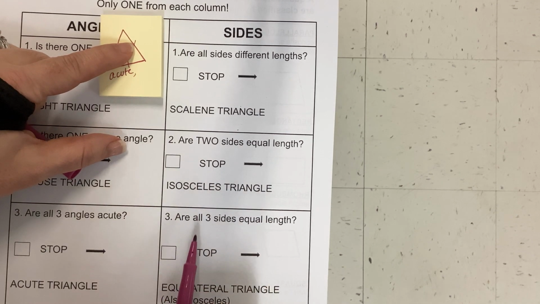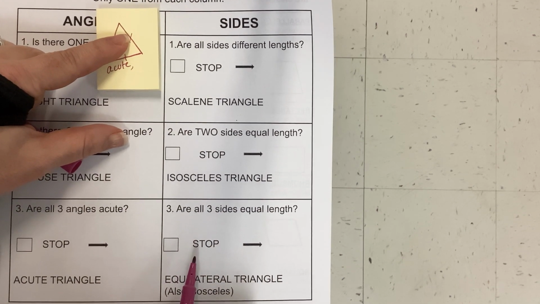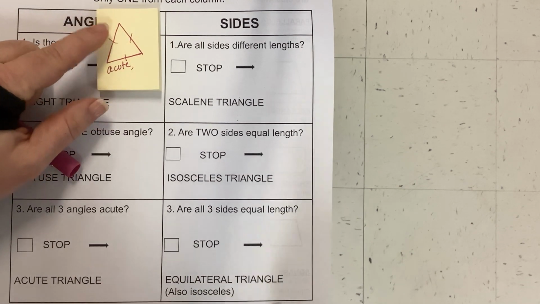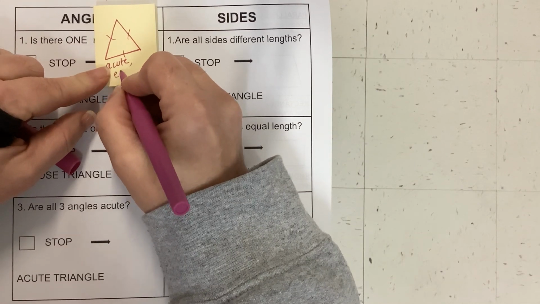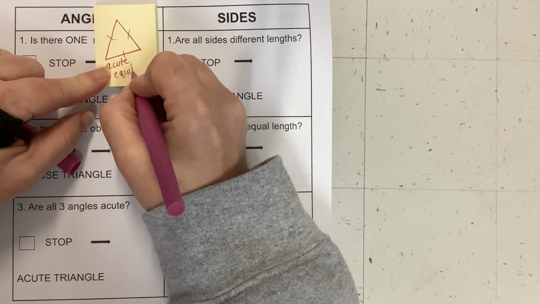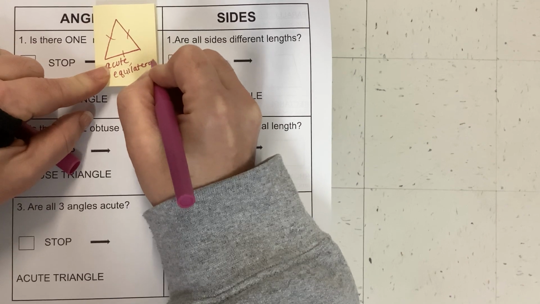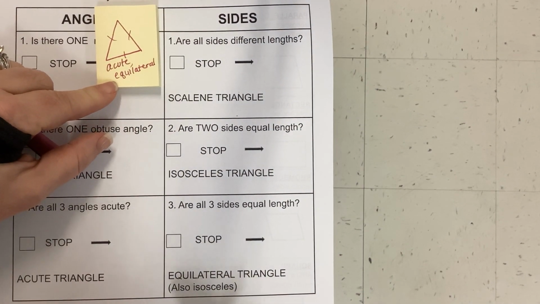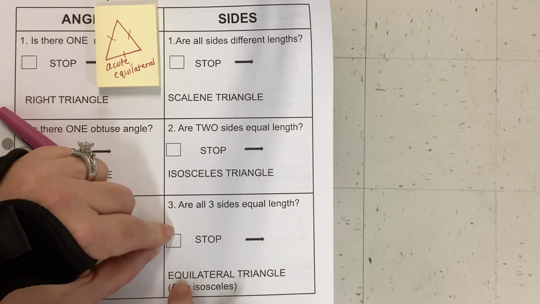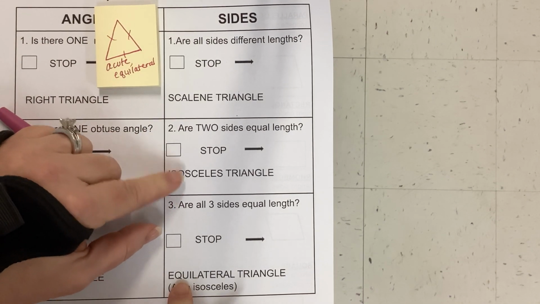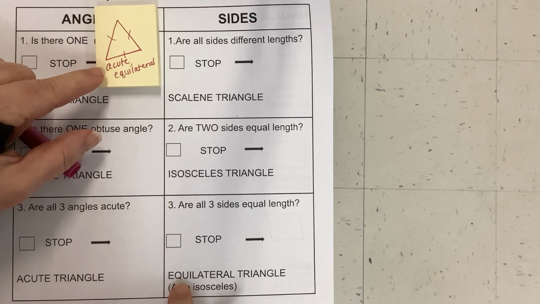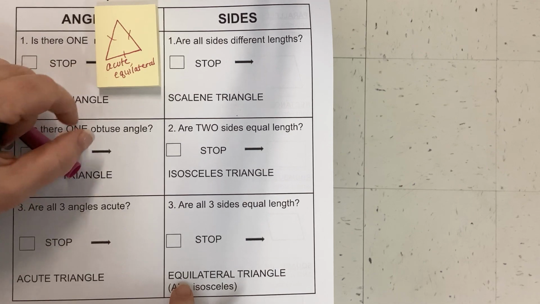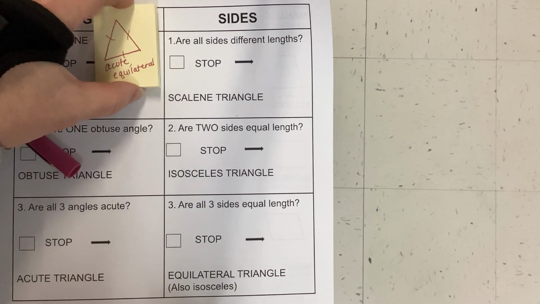But I can go one step further and say, are all three sides equal length? And they are. So this is acute and equilateral. Which is the most specific description of this triangle, but because there are three sides that are equal, it is also an isosceles triangle. The best answer would be acute equilateral, but acute equilateral and isosceles would also work on that triangle.